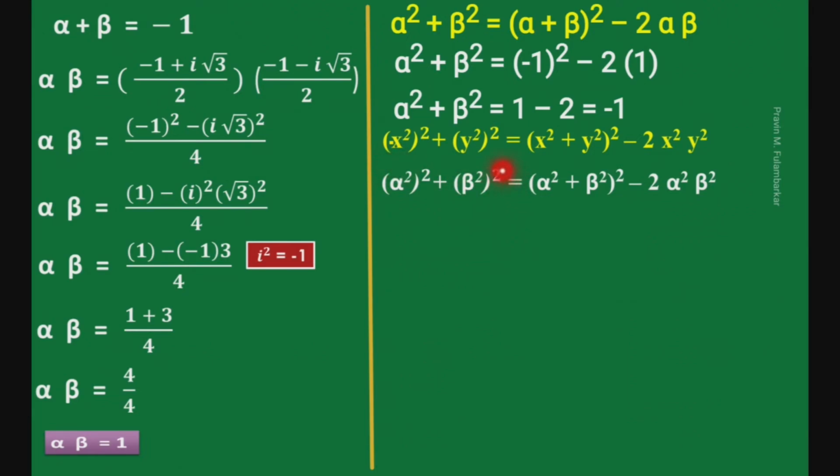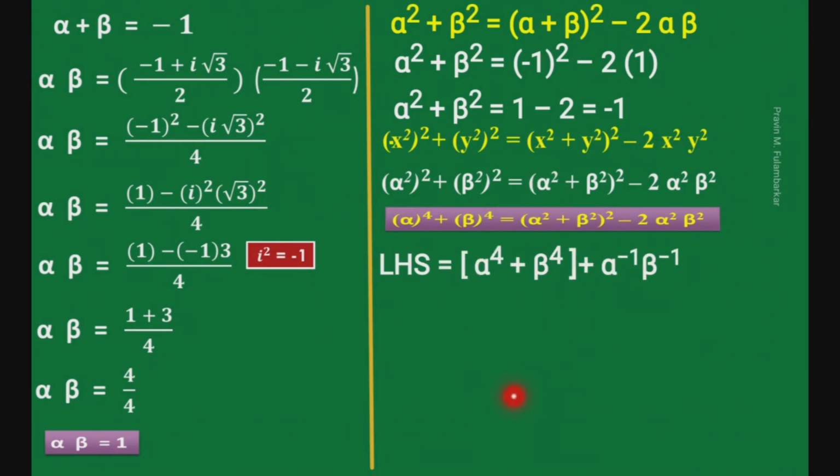For your understanding, we write this in the form of xy first, then we write this alpha square its bracket square as alpha raised to the power 4 and this beta square bracket square as beta raised to the power 4, and this (alpha square plus beta square) bracket square we keep as it is. Then this alpha square beta square we keep as it is. Now we write this alpha square into beta square in one bracket also.